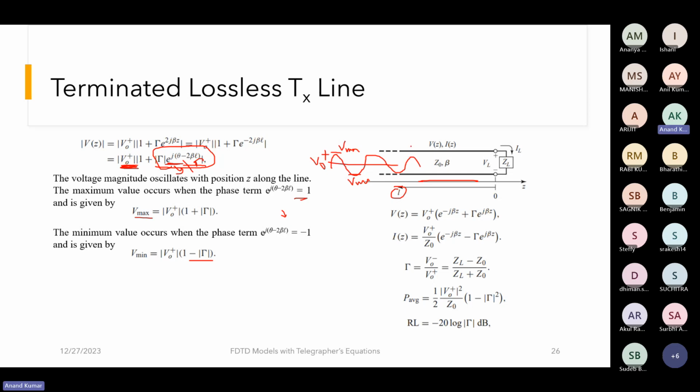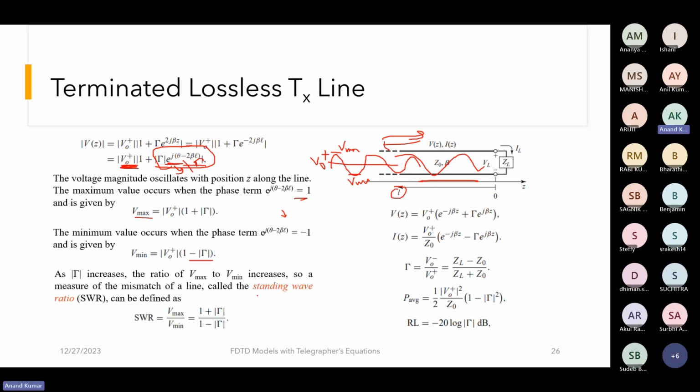Since there are an incident wave and a reflected wave, we have a sort of standing wave situation happening through the transmission line, and we can define what we call the standing wave ratio, which is the ratio of V max by V min, and V max and V min are given by these expressions. So this is an important expression for us.